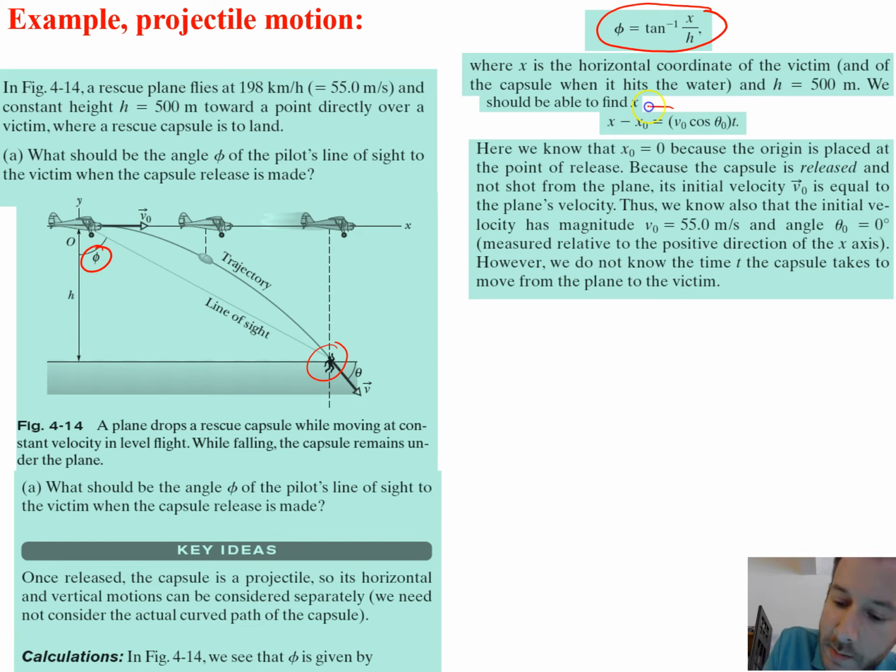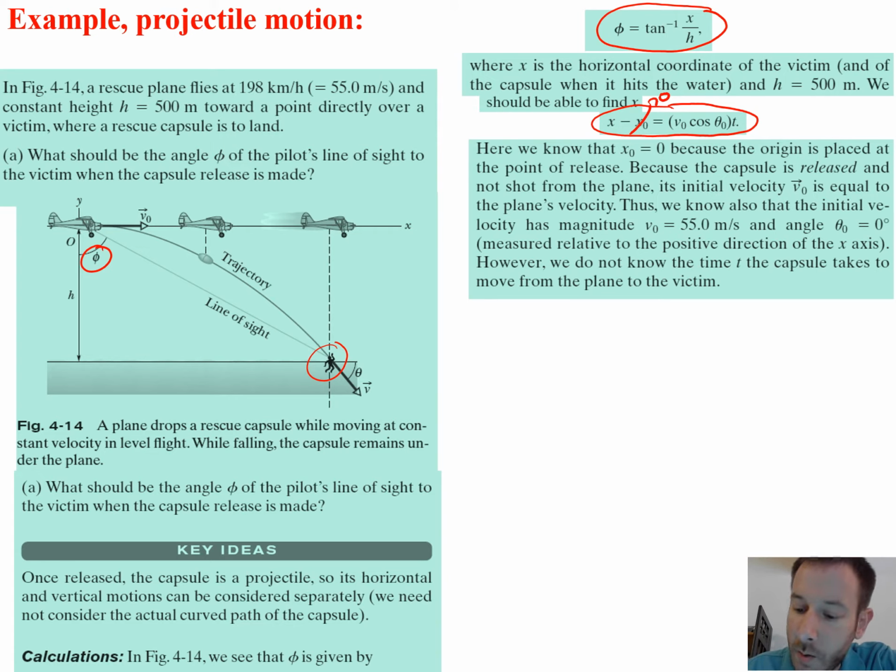So we can use our x equation, which is given here. Now we know that x naught is just going to be 0, because if you start at the origin, your starting point will be at 0. Because the capsule is released, not shot from the plane, its initial velocity, v naught, is going to be equal to the plane's velocity, which is what we mentioned.